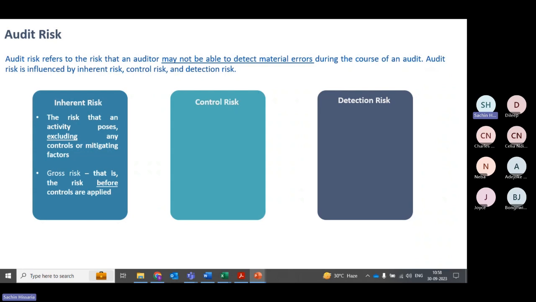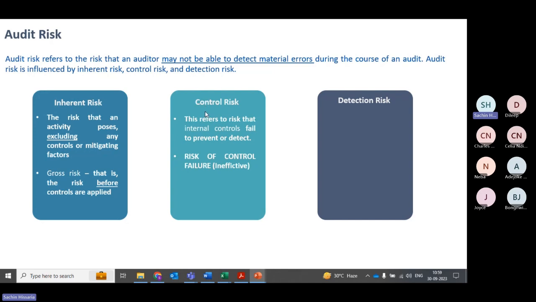But before checking the control aspect, there are also some risks which are known as inherent risk. It is called a gross risk as well. I will be giving you an example of each risk. First, we'll discuss the theory part, and then we'll discuss the practical part as well. So that is called an inherent risk.